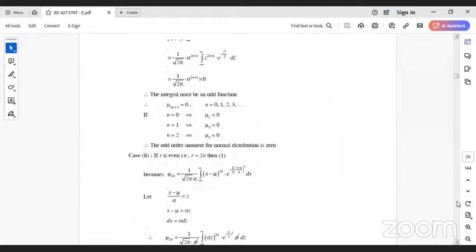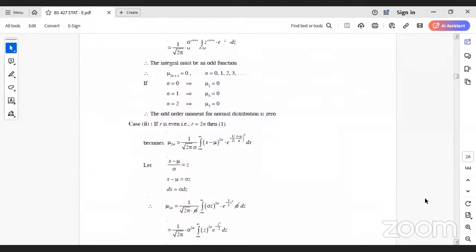So r is equal to 2n, and we have mu 2n equal to 1 by root 2 pi sigma, integration from minus infinity to infinity of (x - mu) whole power 2n into e power minus 1 by 2 ((x - mu) by sigma) whole square dx. What is the substitution we use here? As I already told, (x - mu) by sigma is equal to z, so x minus mu is sigma z and dx is sigma dz.